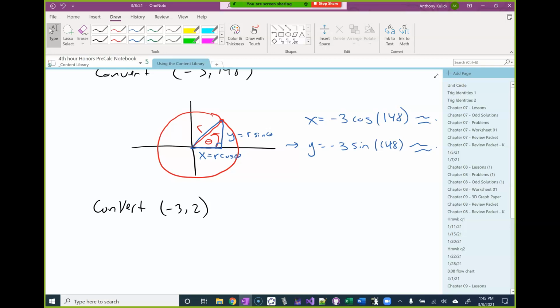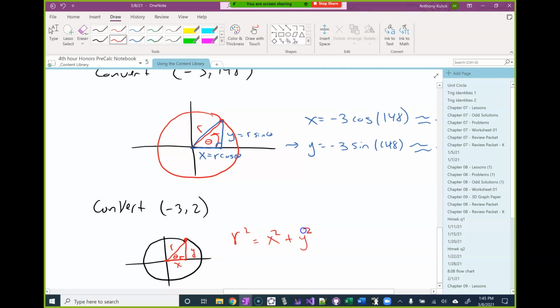Again, thinking back to our circle situation, what we have is x and y, and that's r, and this is theta. Well, obviously, r squared is going to be x squared plus y squared, right? Just by the Pythagorean theorem.